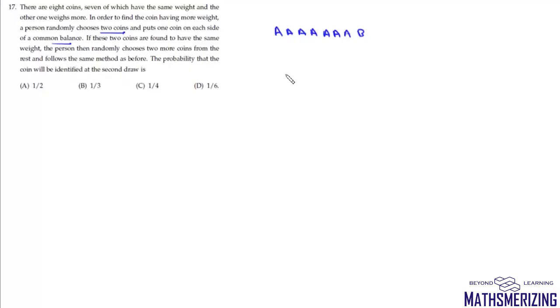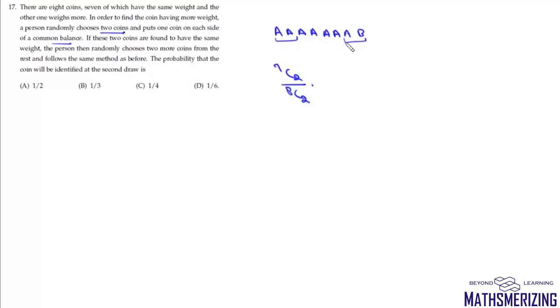So that means in the first draw, we must get 2 identical coins. So here this probability will be 7C2 upon 8C2. Now in the next one, we must have one identical coin and this one distinct coin.